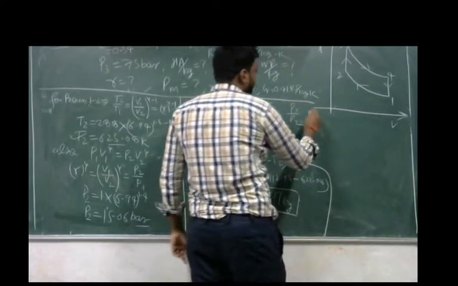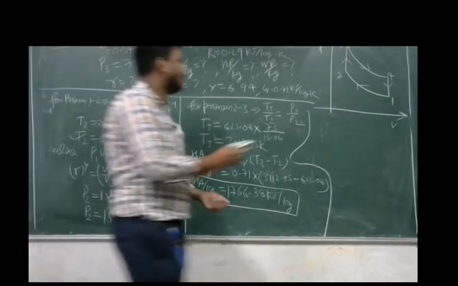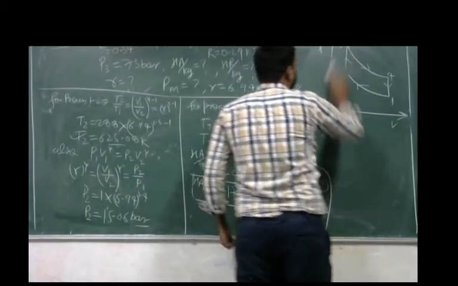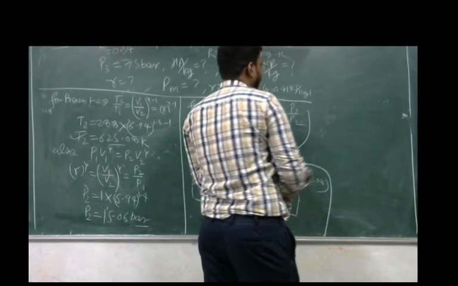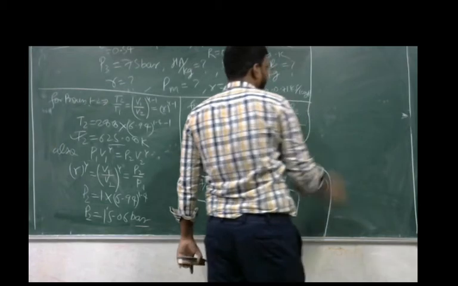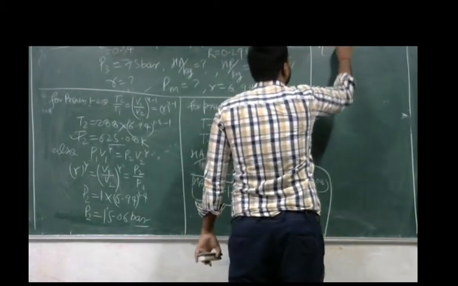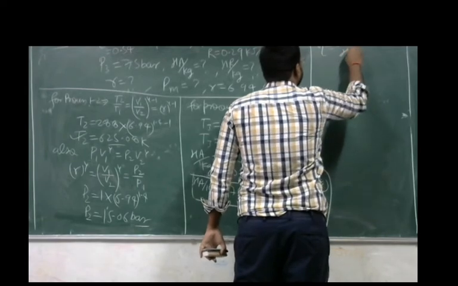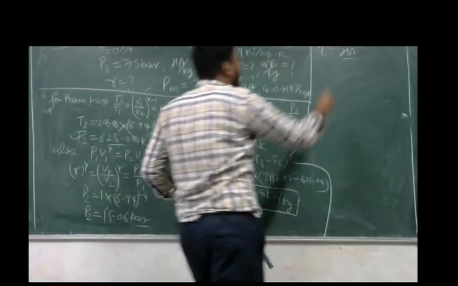I am deleting this diagram actually. Okay. So we know the formula of efficiency, eta equal to work done by heat addition, and heat addition we have just calculated here.